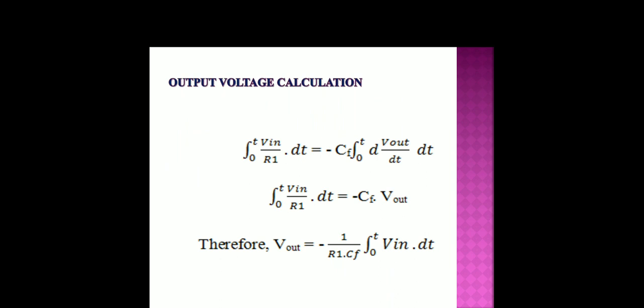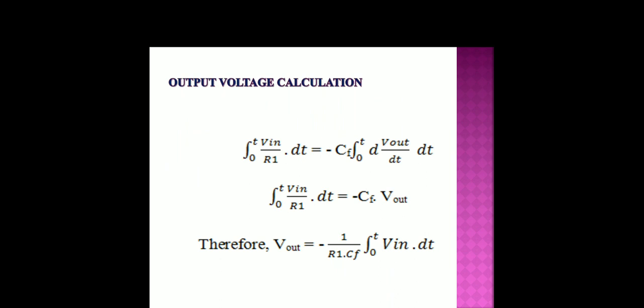Therefore, we get integral of Vin upon R1 dt from 0 to t is equal to minus Cf into Vout. Therefore, Vout will become minus 1 upon R1 Cf into integral of Vin into dt from 0 to t.